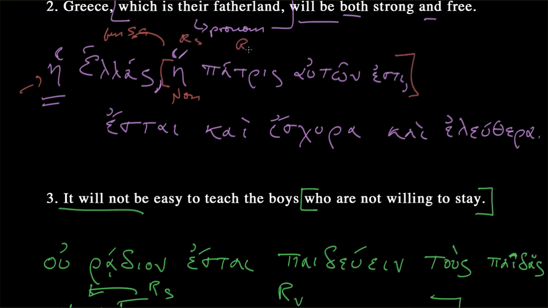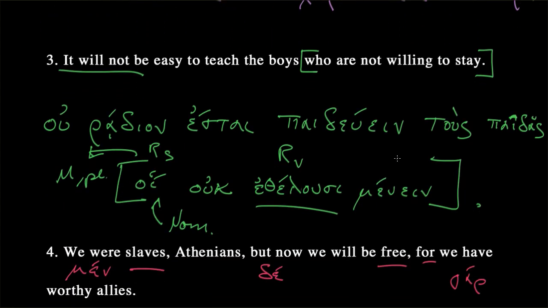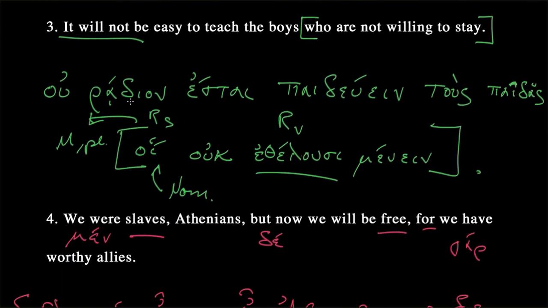So, which is the fatherland of them. Note this pronominal usage of autos will be third singular, both kai, strong and free. It will not be easy to teach the boys who are not willing to stay.